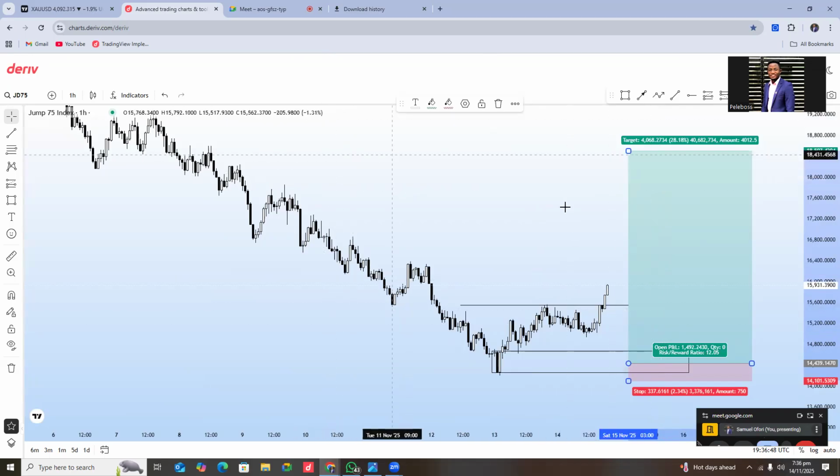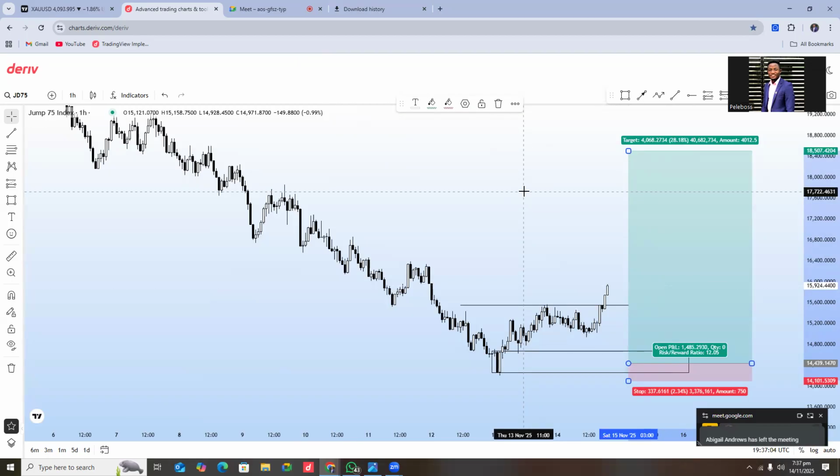So this is how you interpret a setup on the platform, and this is how you can take advantage of the setups. Okay, so if you see anything there and you don't understand, don't assume anything and then go and get it wrong. Ask questions and then we'll take our time to explain it to you.